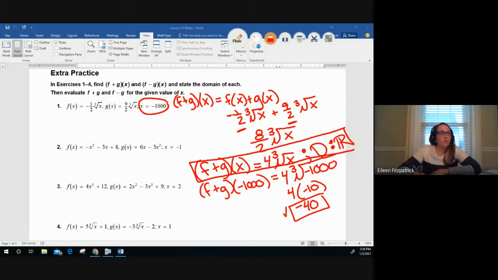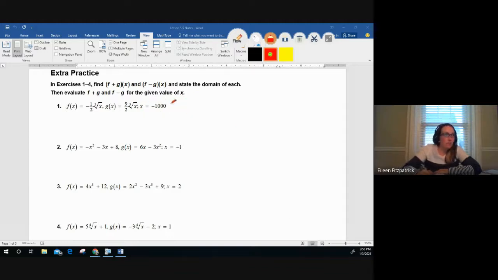Now we're going to do the same problem, subtract the two functions. So I have f minus g of x. You're going to take the f of x function, which is negative 1/2 cube root of x, and you're going to subtract away the g of x function, 9/2 cube root of x.